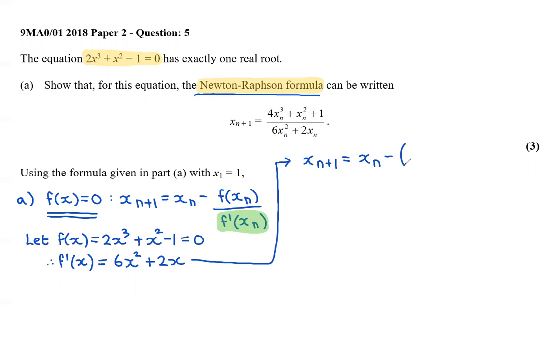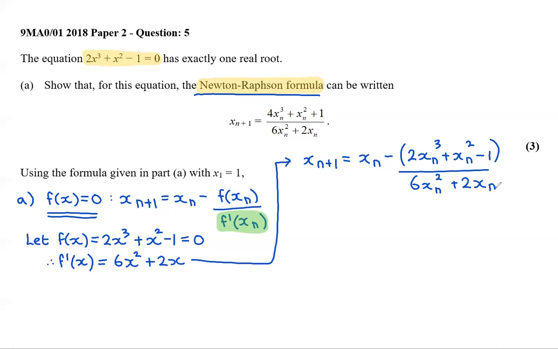So in the numerator, I'm going to put the function in brackets so I don't make a sign error. So it's going to be 2xn cubed plus xn squared subtract 1 divided by the derivative, which I've just found, which is going to be 6xn squared plus 2xn.